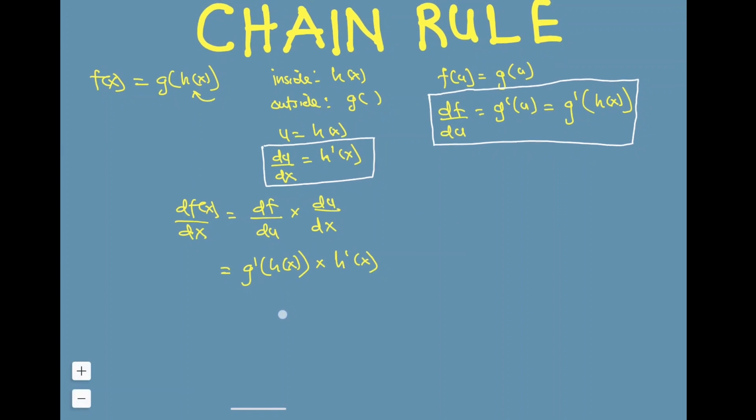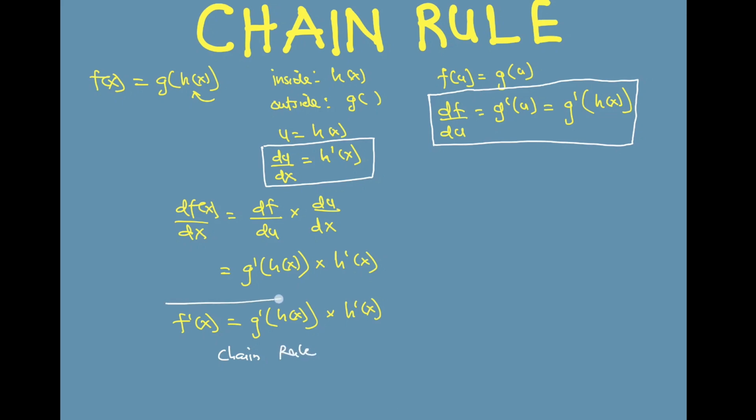So the derivative of f with respect to x, which is f prime of x, equals the derivative of the outside function. Now we copy the inside, then multiply by the derivative of the inside function. And this gives us our chain rule. This is our chain rule for differentiation.